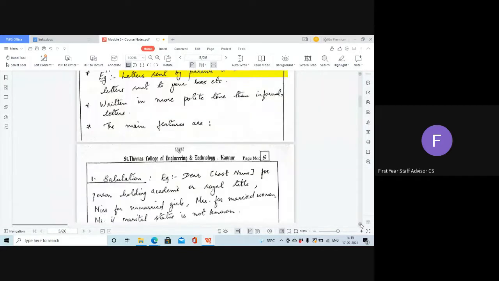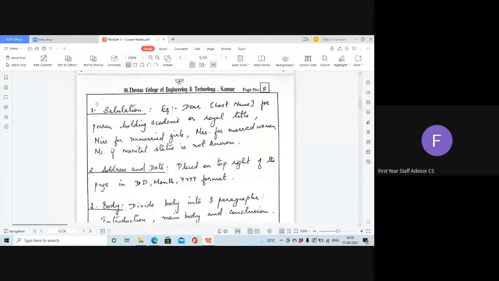Then the main features are in salutation. Salutation is when you start the letter, you can write Dear, and the last name of the person whom you are going to address. You can use Miss for unmarried girls, and Ms for the marital status. If you don't know whether married or not, then you can use Ms. These are the salutations that you should use when addressing the person.